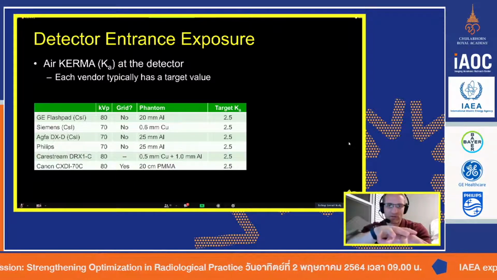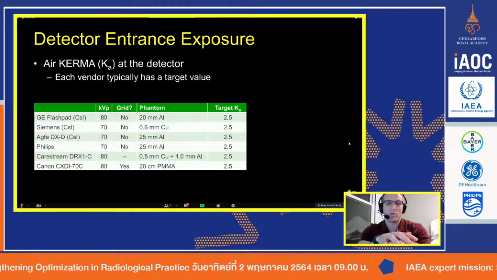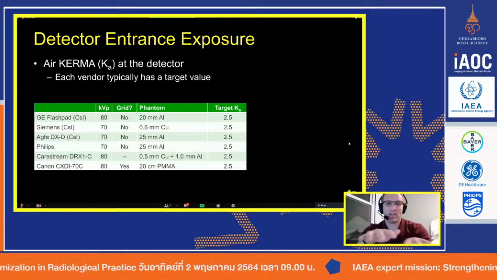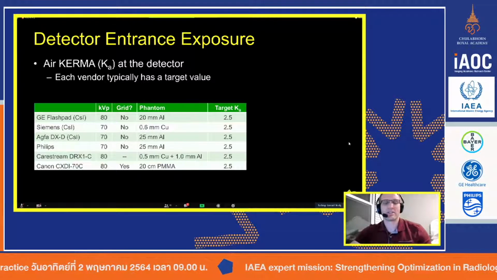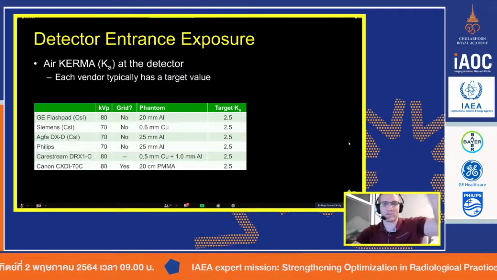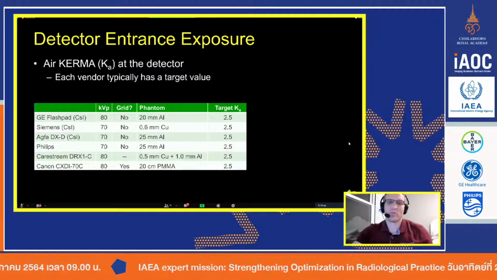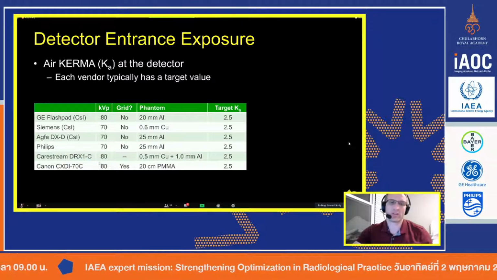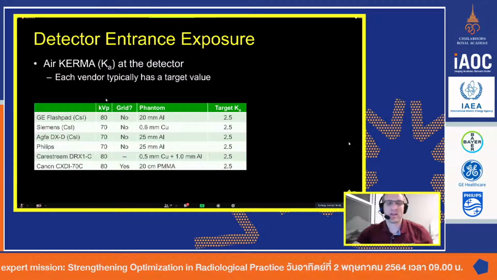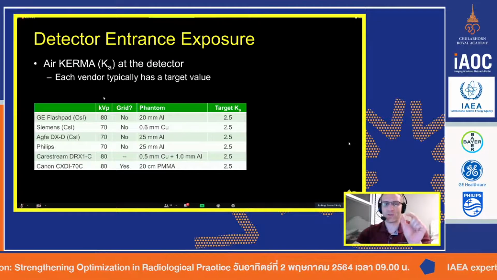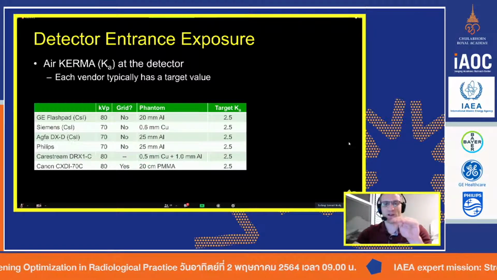They have to pass through a table or a chest wall Bucky stand cover, and eventually they have to go through the grid, and then they get to the detector. So by the time we go from the tube to the detector, we've lost almost all of our radiation. We've basically lost 99% of our photons. And so we have to make sure that number that gets to the detector is the right value.